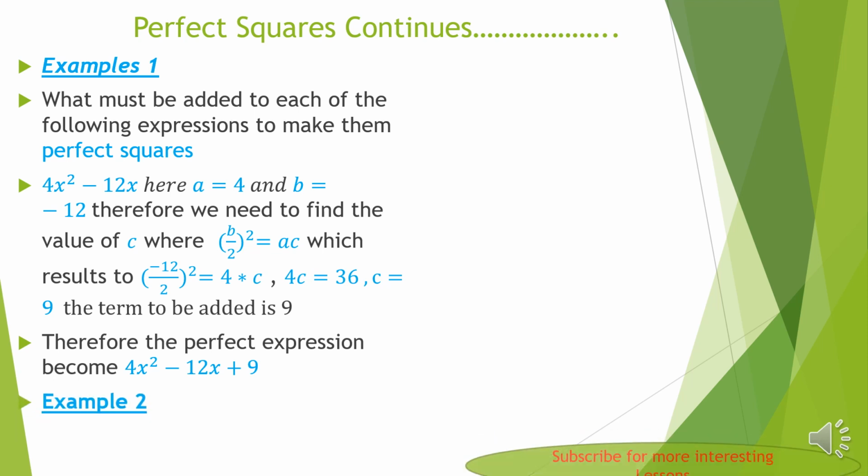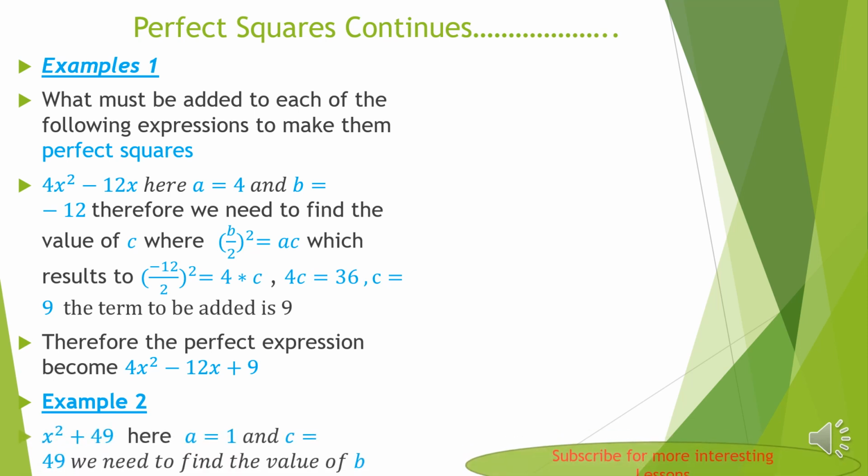Now example 2, you are told x squared plus 49. Here realize that A, which is the coefficient of x squared, is 1, and the constant C is 49. Therefore we are missing the middle part B together with its variable.